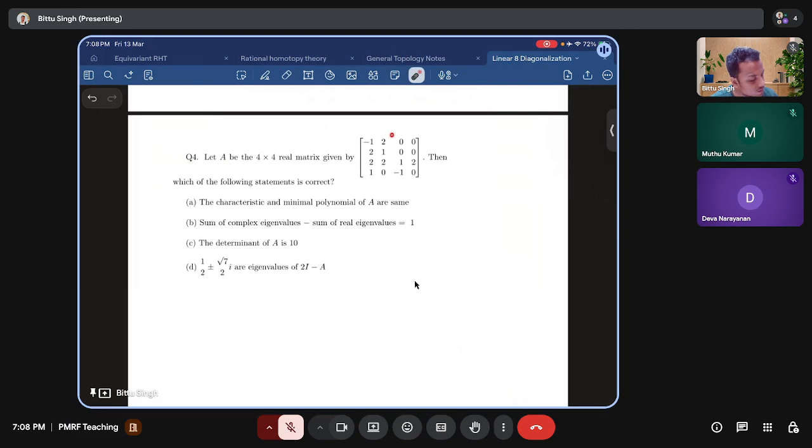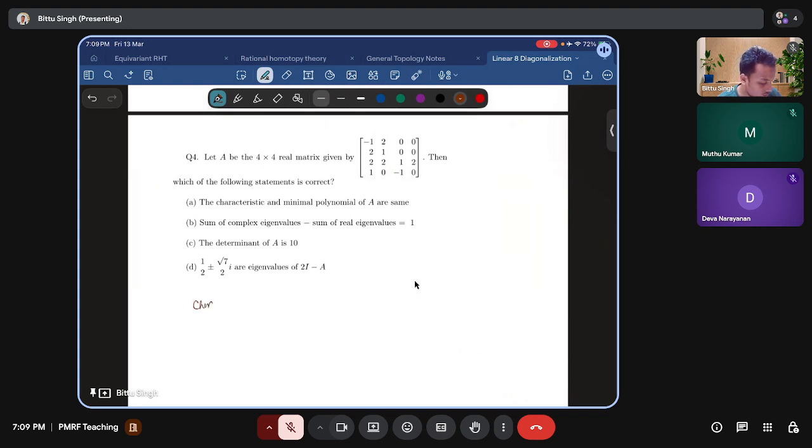So in this case, it is again a block matrix. If you think of it as a block matrix with blocks A, B, C, D, then one block is a zero matrix, so it is a block lower triangular matrix. So we can easily find the characteristic polynomial.